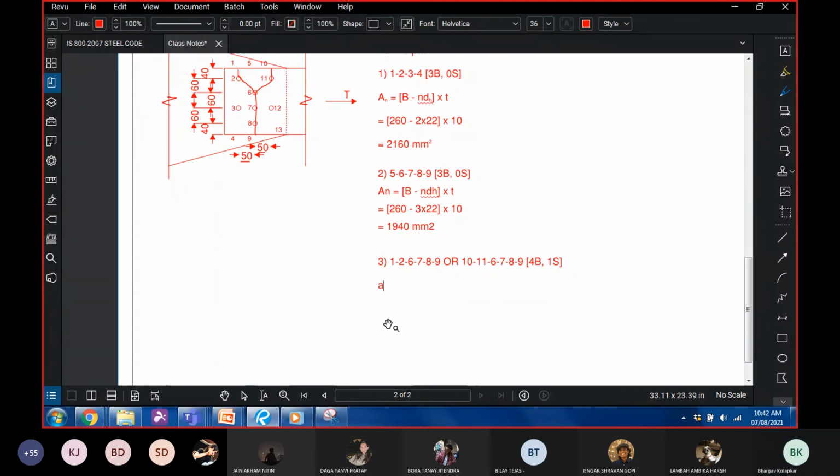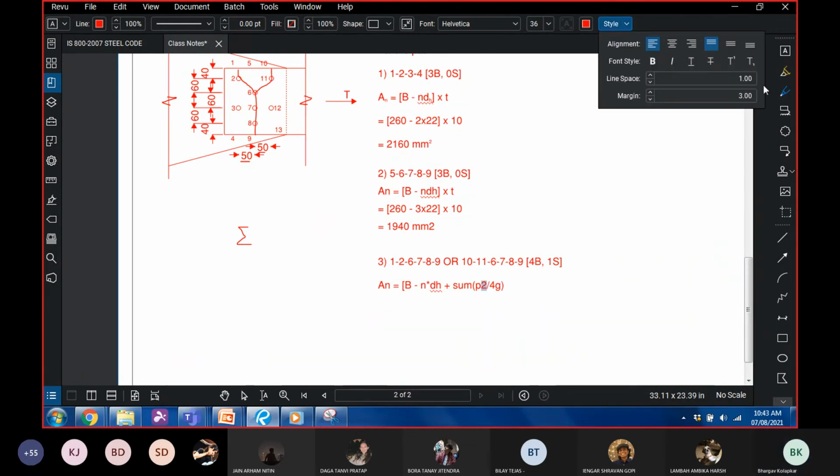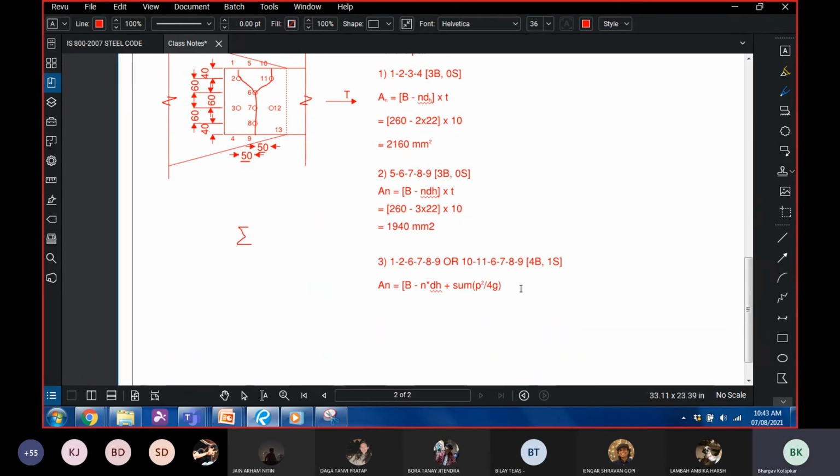So in this case, AN is B minus n times dh, plus summation of p square upon 4 times g. And you multiply this entire term by t.